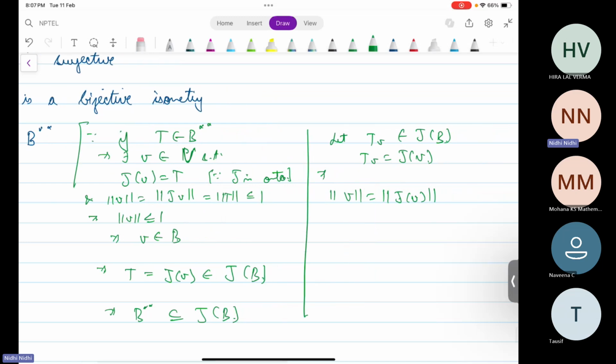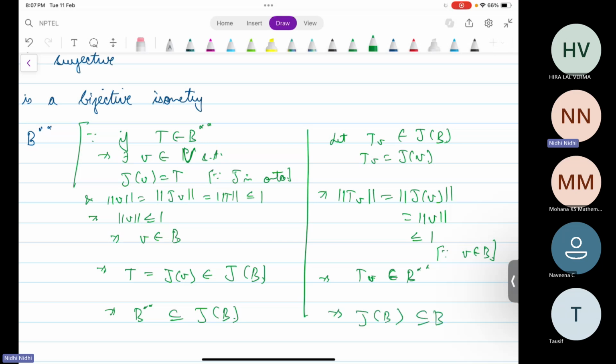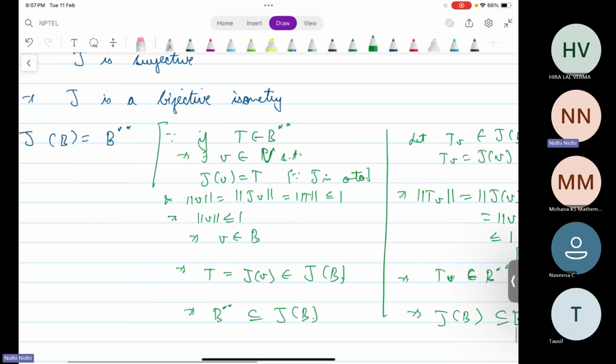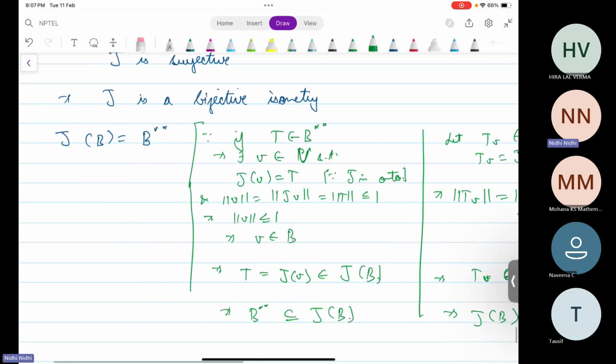So norm Tv is equal to norm Jv, which is equal to norm v, which is less than or equal to 1 because v is in B. This implies Tv is in B star star, which gives us JB is a subset of B star star, and hence JB is equal to B star star.